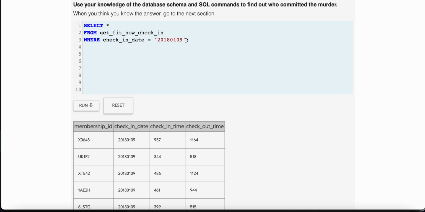She also says that the membership ID is given to be 48Z7A.